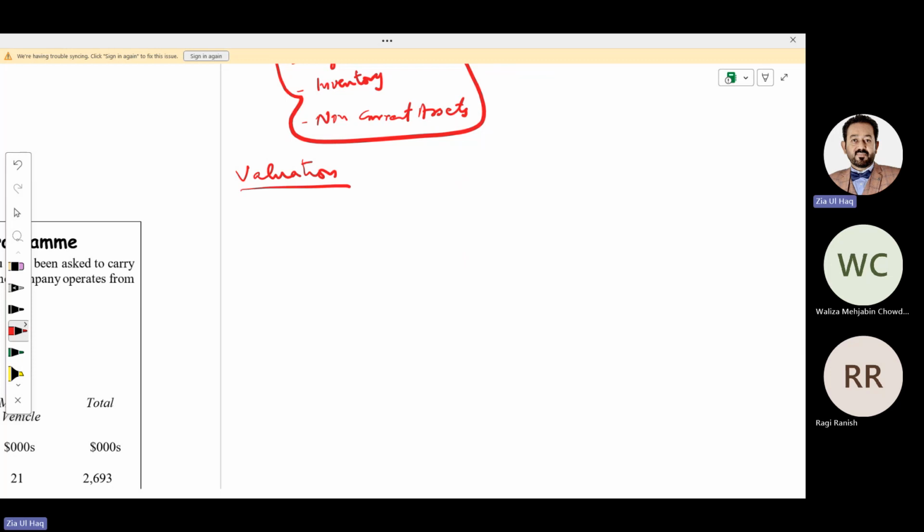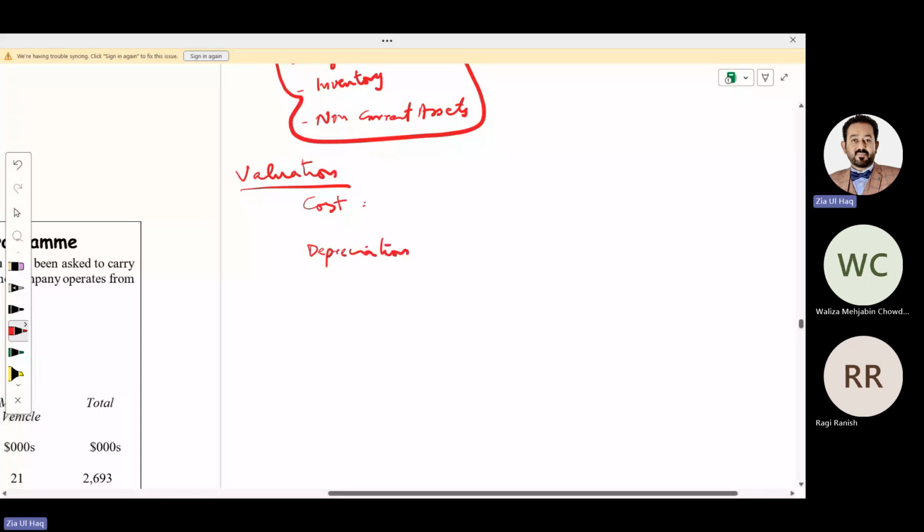Valuation means we need to check whether assets are not overvalued. How can an asset be overvalued? If its cost has been recorded overvalued, or depreciation is not charged properly. This means we need to verify cost as well as depreciation.